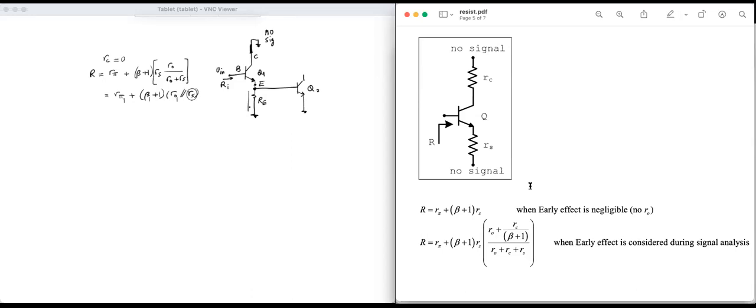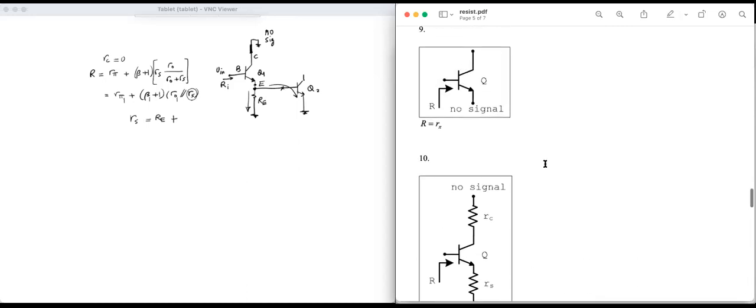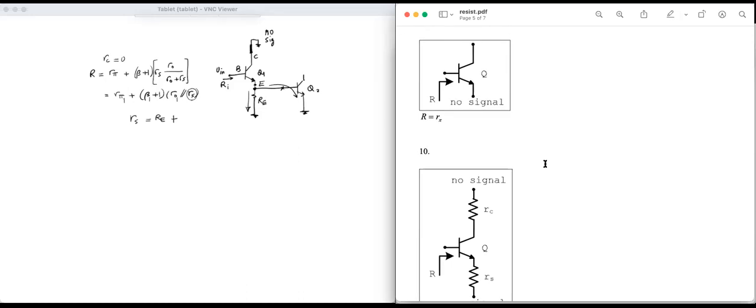I have RE and whatever I see looking into the base of Q2, and they're in parallel. So RS is RE in parallel with whatever I see looking into the base of Q2. Again, looking at the formula sheet, when you're looking into the base of a BJT with nothing at the emitter, it's simply R pi 2.